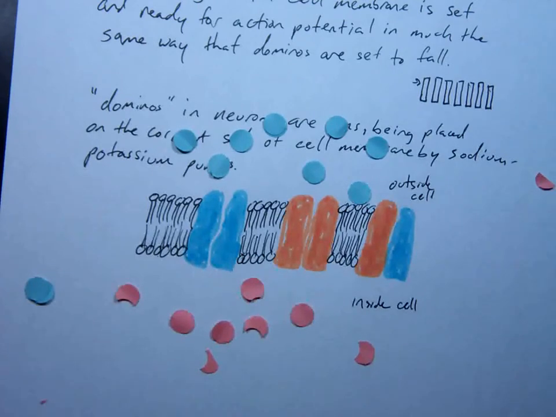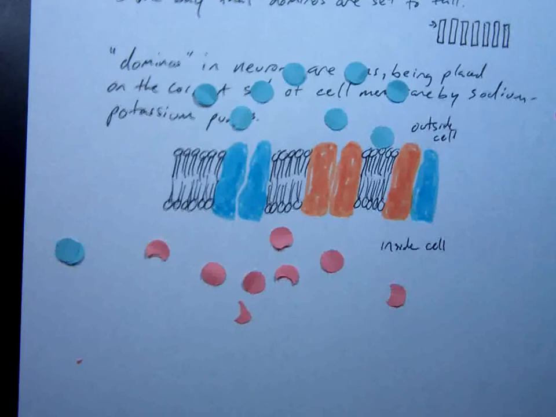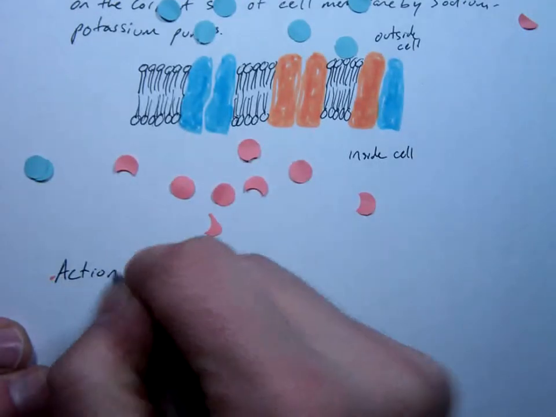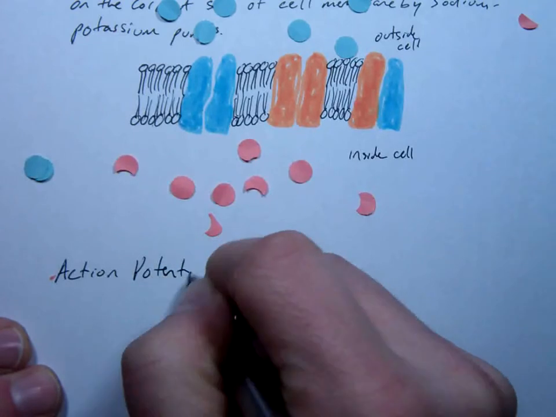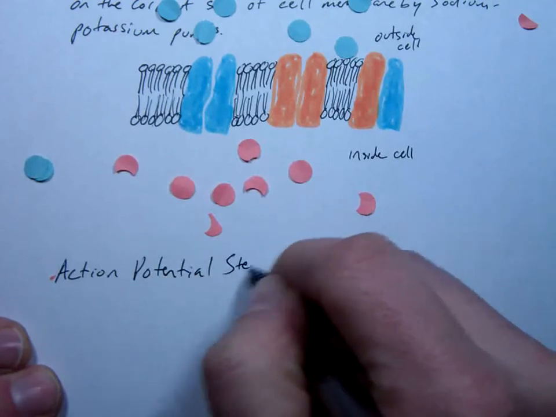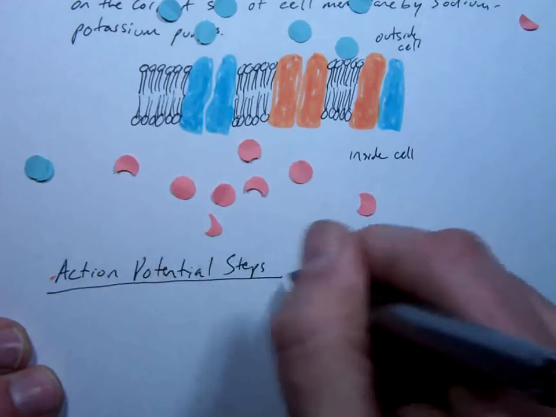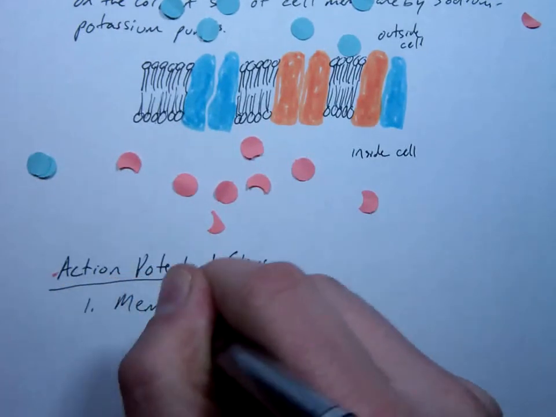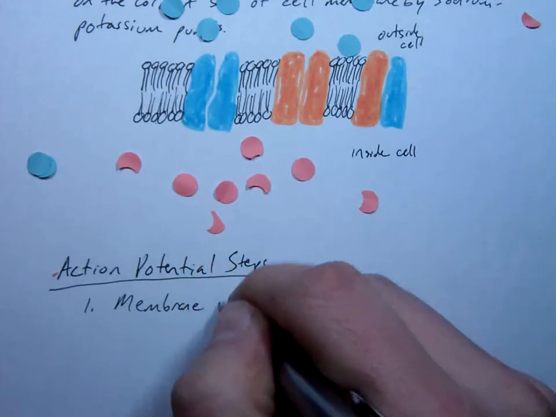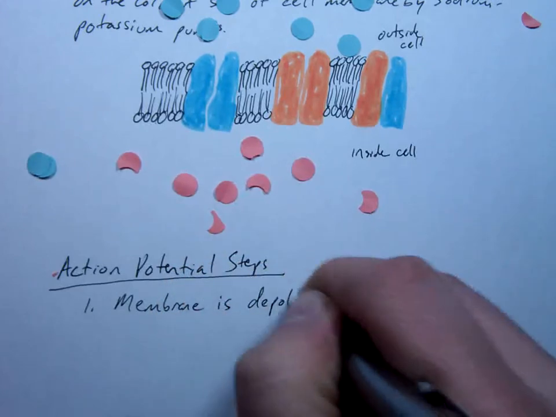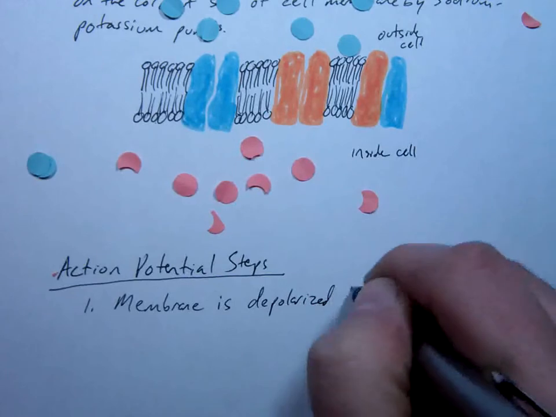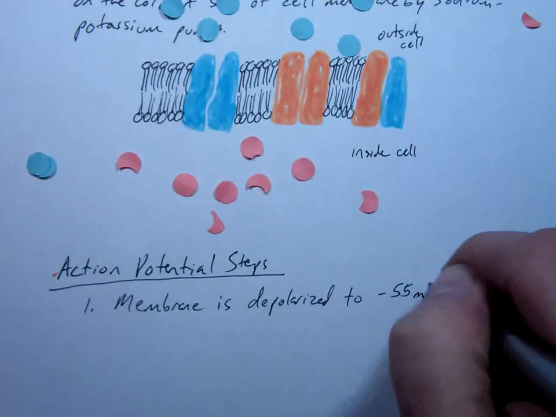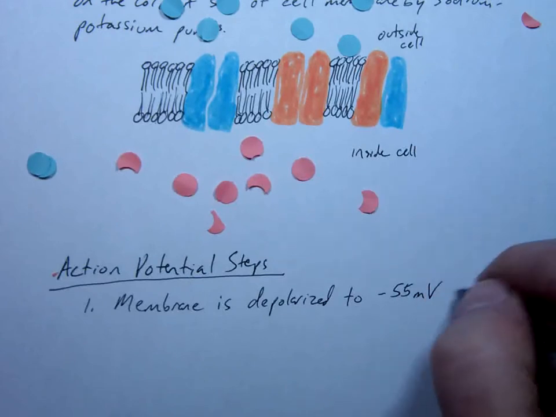All right, so action potential steps. Number one, the membrane is depolarized to minus 55 millivolts, which is the threshold value.